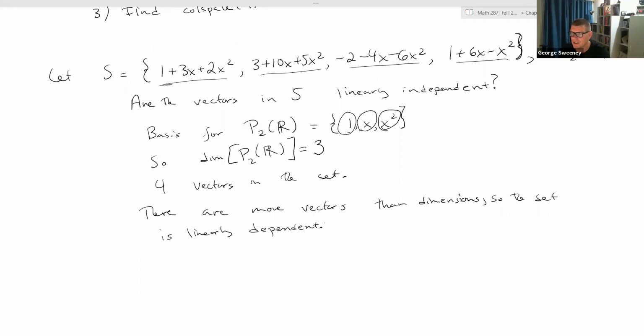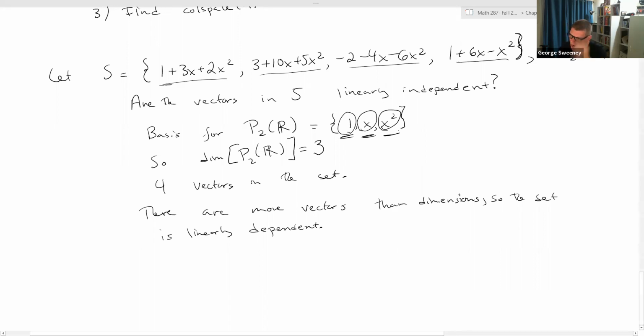It takes 3 vectors to construct all of R3, so having a 4th vector makes the set linearly dependent. It's the same thing. In P2R, it takes 3 vectors, like 1, x, and x squared, to form P2R. Add a 4th vector and the set is linearly dependent. Same rules apply. Too many vectors.